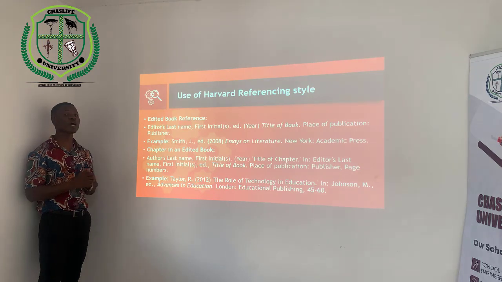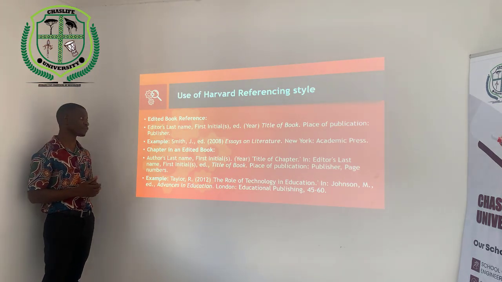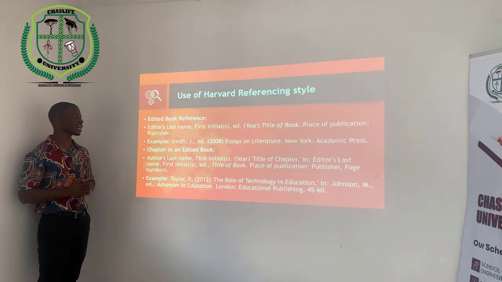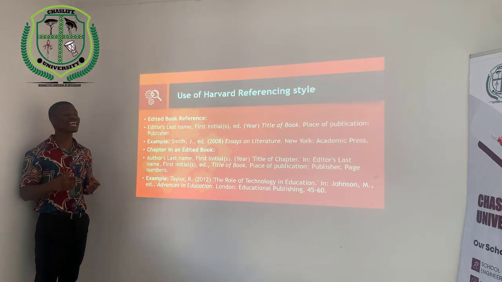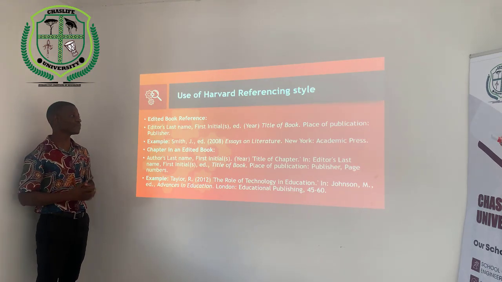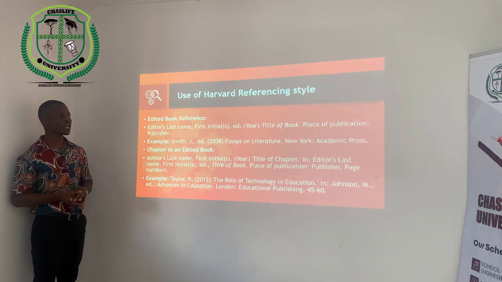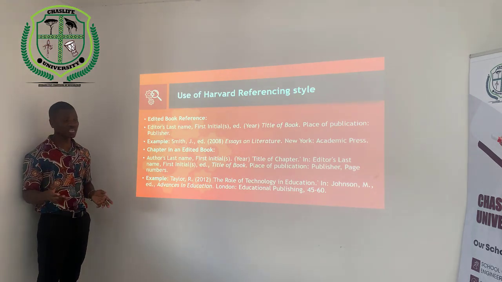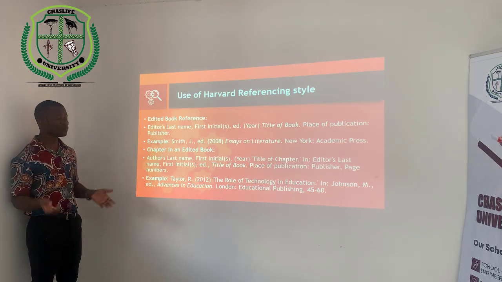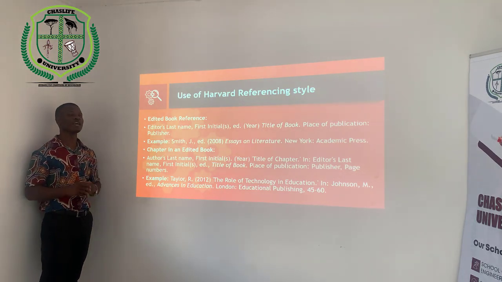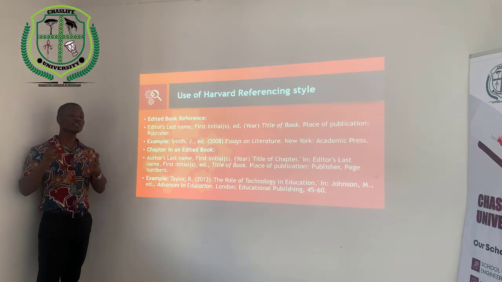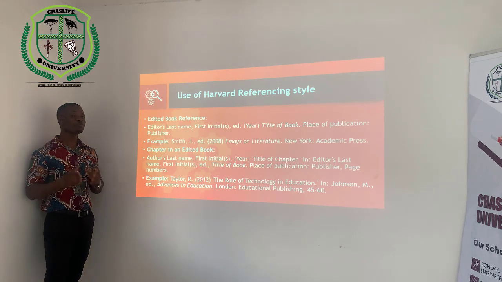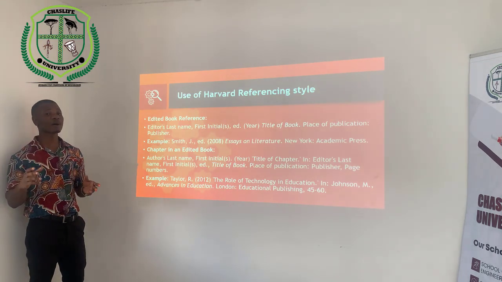The first thing you're supposed to do is write the editor's last name, and then the first initial, year, title of the book, place of publication, and then the publisher.